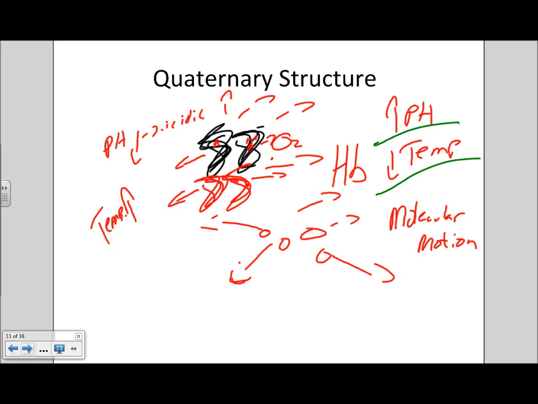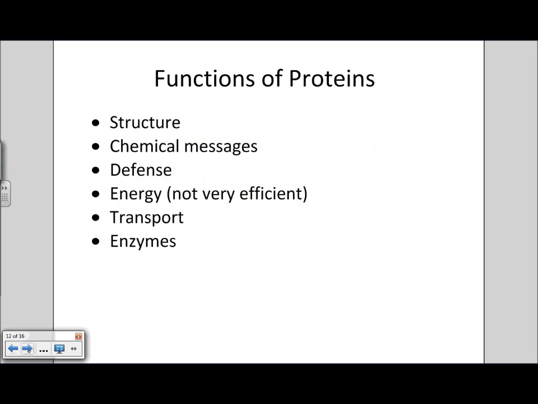Definitely another type of protein that's going to be greatly affected by this is enzymes. Protein has a lot of diverse functions. Proteins give us structure. Proteins are by far the most diverse molecule in the human body, which is great because there are some proteins we can use for structural purposes, like collagen.